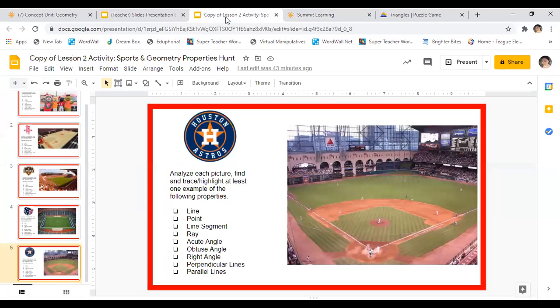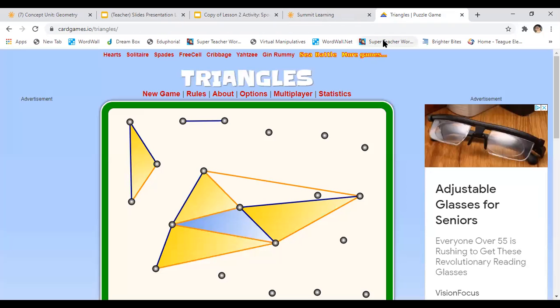And the activity that you're going to do with the sports arenas, you are either going to do this on your own and look for the different examples here and find at least one or two of the properties, or with your teacher. So I hope you have a great time. I hope that you enjoyed today's lesson and that you apply it next time that you are talking about 2D shapes.